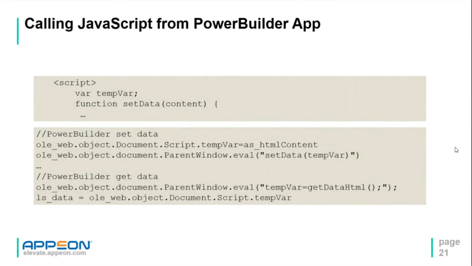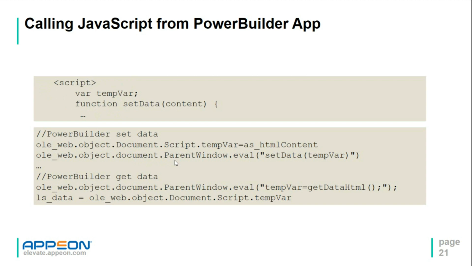Now let's talk about how we communicate between JavaScript and the PowerBuilder application. The top portion of this presentation is the JavaScript, and the lower one is the PowerBuilder. In the JavaScript, as I said, we define the interface, plus we set a temporary variable. This is needed in order to pass complex parameters.